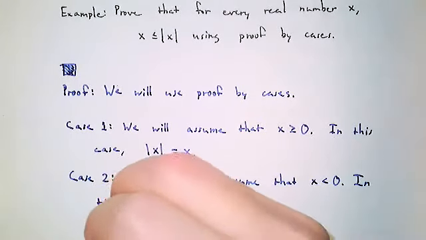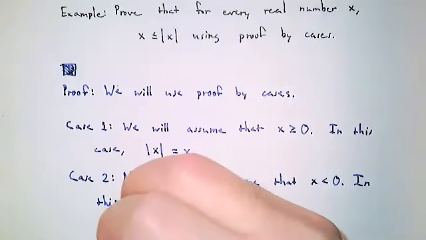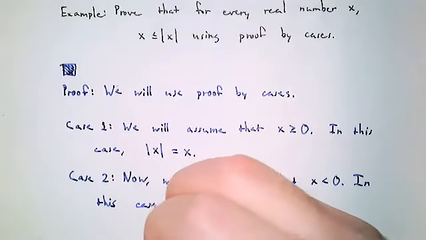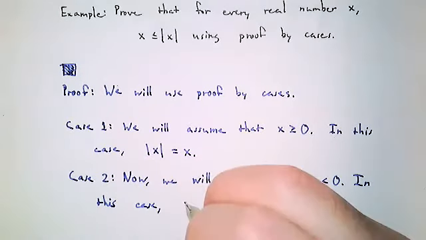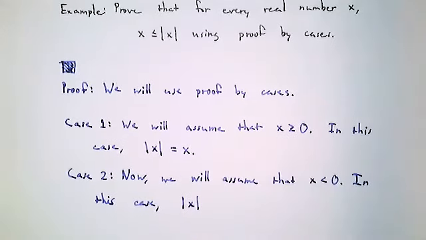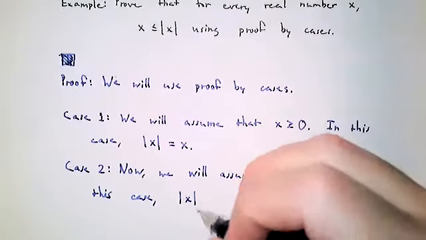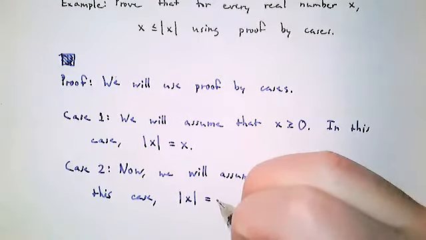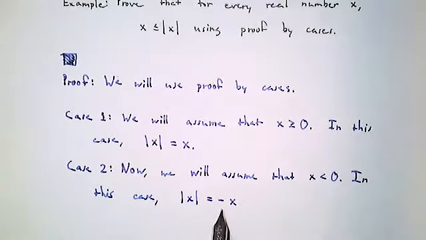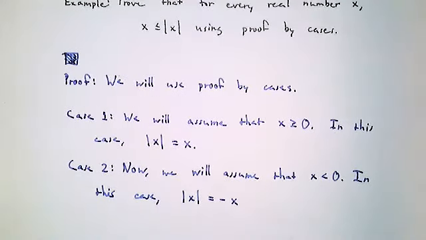In this case, the absolute value of x, since x is negative, is actually going to be equal to negative x. So we're putting a negative sign on a negative number to get something positive.